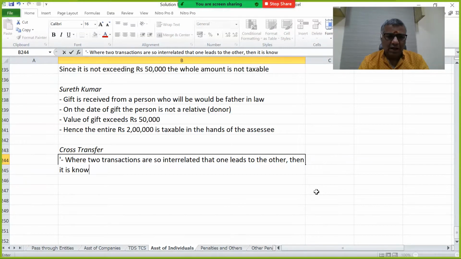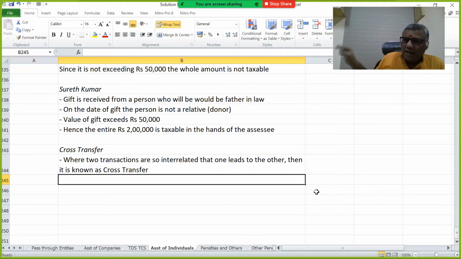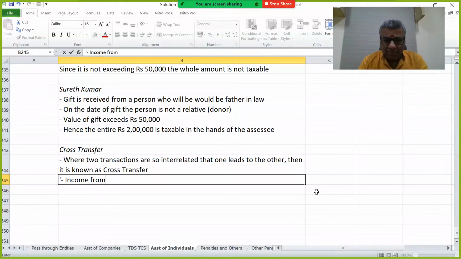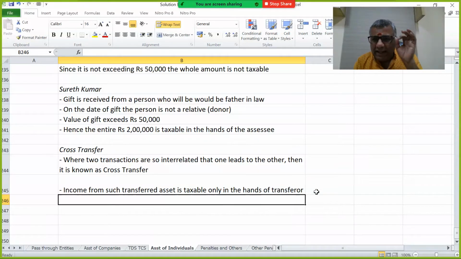X gifts to Y's son, Y gifts to X's son. Income from such transferred asset is taxable only in the hands of the transferor.